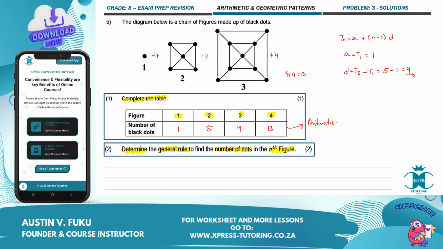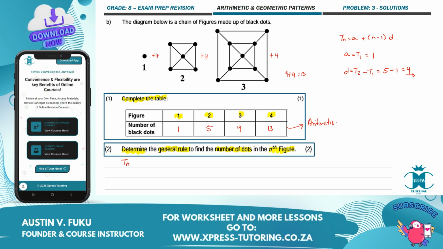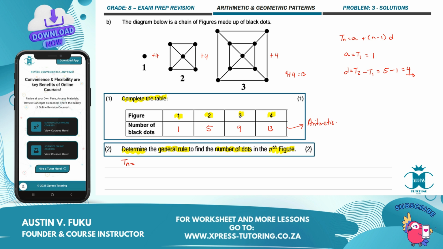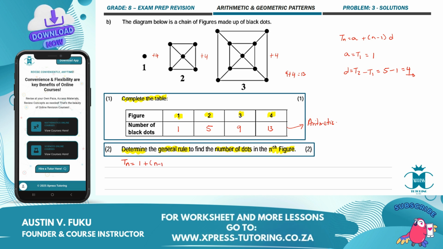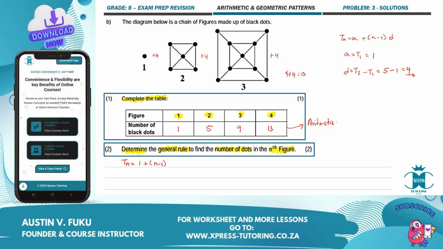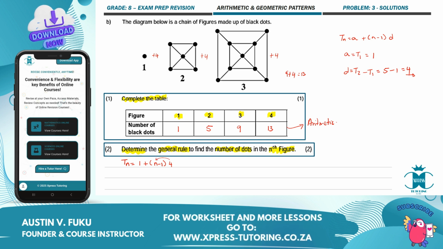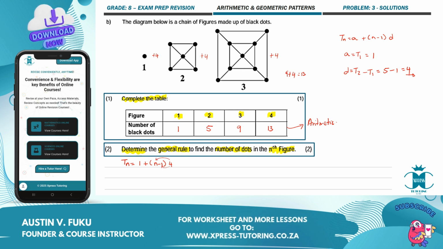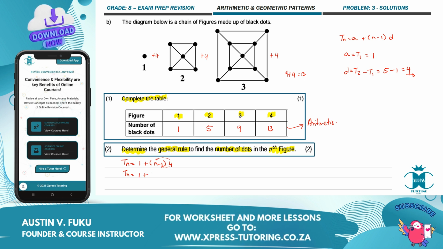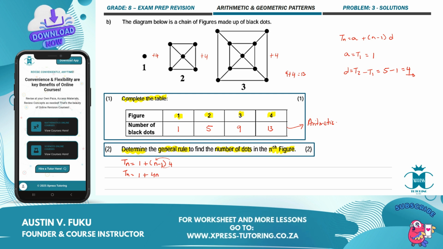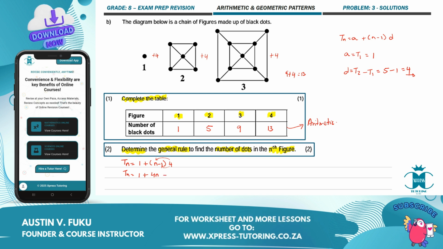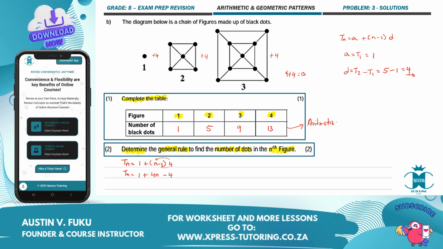So to determine the general rule, we're going to have Tn is equal to a, which is 1, plus (n minus 1) multiplied by the common difference, which is 4. And then you are going to distribute this 4 inside the brackets. So Tn will be equal to 1 plus 4n, 4 multiplied by n, that is 4n, and 4 multiplied by negative 1, that will be negative 4.